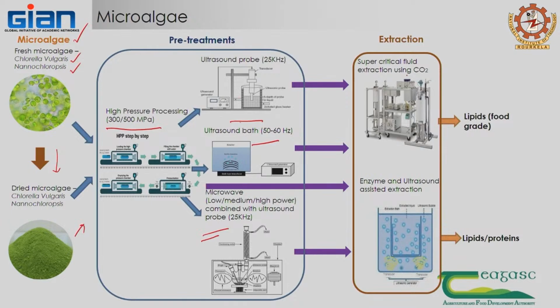This can be considered as a pre-treatment and extraction to get your lipids. Once you get your lipid, you can go for further enzymatic extraction or ultrasonics to separate protein, or high pressure followed by this.